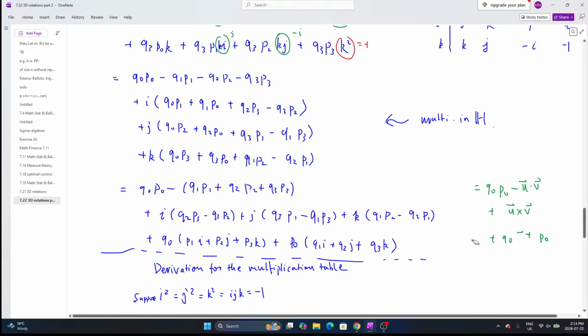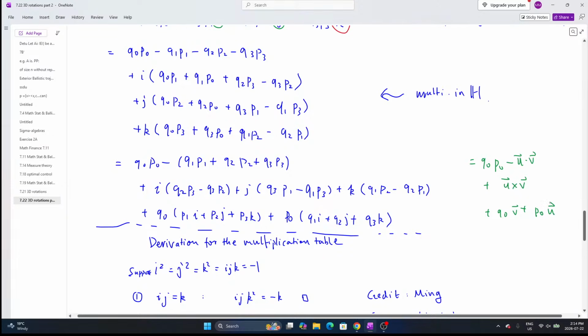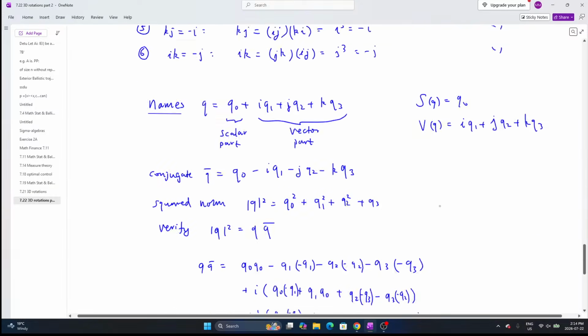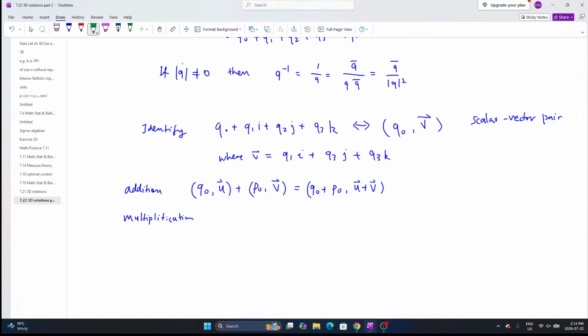And finally P naught times U. So that's the vector formalism. Right. So there you go. So that's the not complex but quaternion multiplication in terms of scalar vector pair.